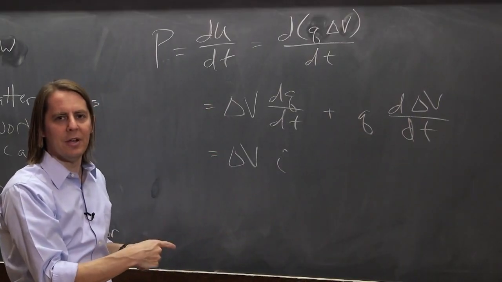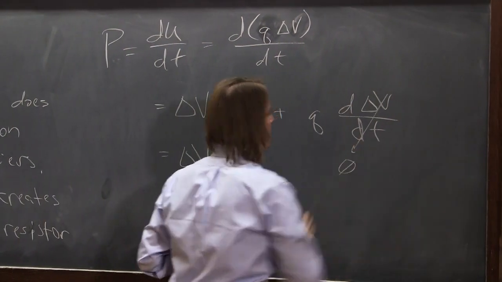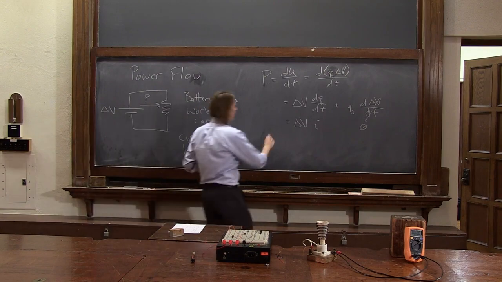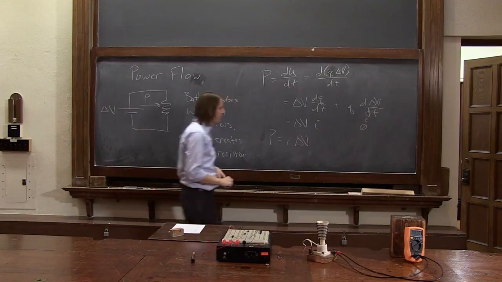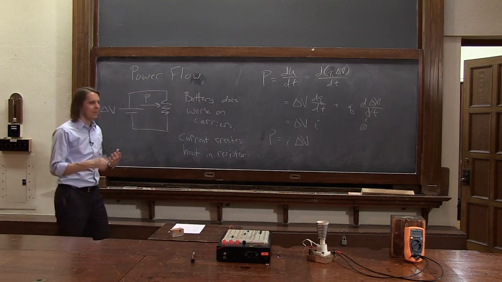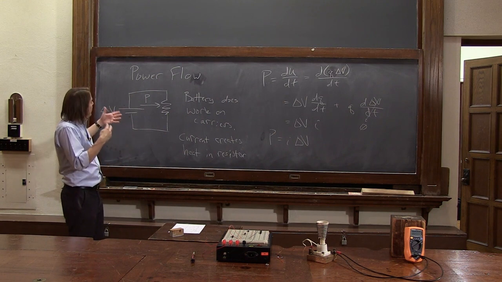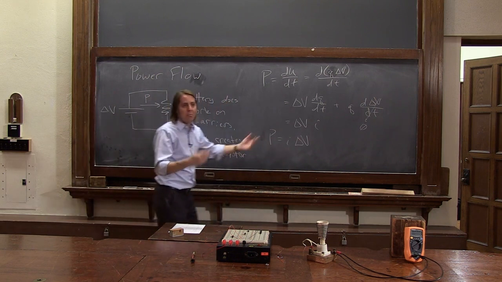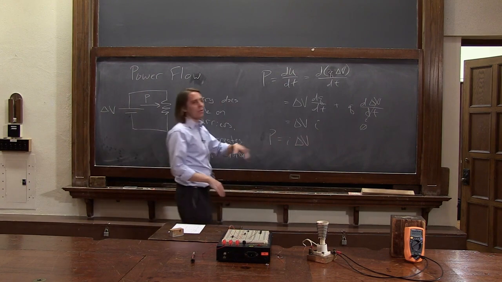That's the potential difference applied by the battery. So this is 0. So we see that the power by the battery, P, is I delta V. It's the current times the potential difference you carry it through. And it makes sense. If the work it does on a single carrier is its charge times delta V, then the rate of work is the rate of charge times delta V. This P equals I delta V applies actually to any circuit element.